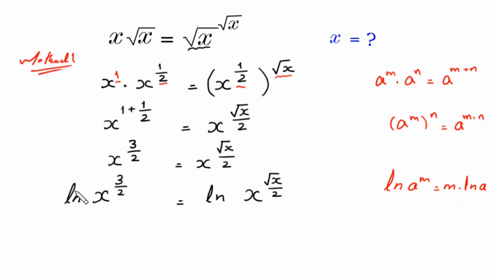We can write this ln of x to the power 3 over 2 as 3 over 2 times ln of x is equal to, and we can write this ln of x to the power square root of x over 2 as square root of x over 2 times ln of x.